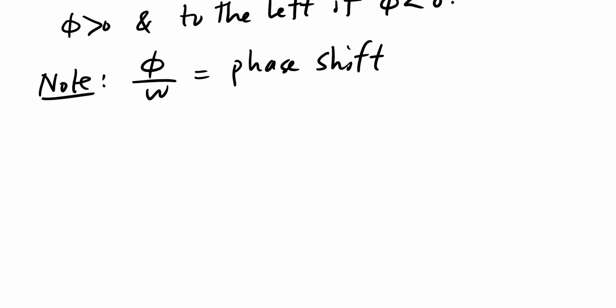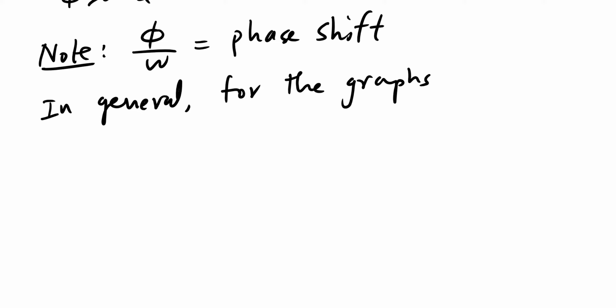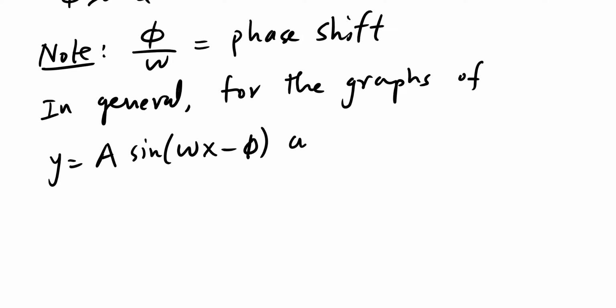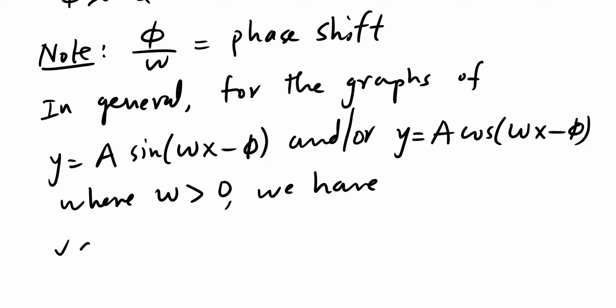In general, for the graphs of y equals a sine omega x minus phi or y equals a cosine omega x minus phi, where omega is bigger than 0, we have first the amplitude.